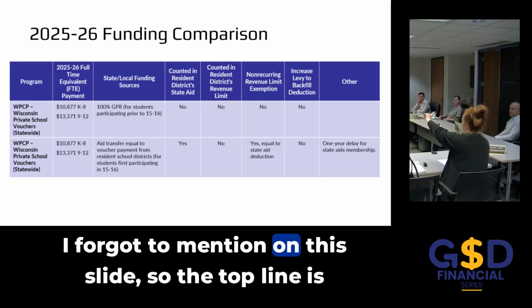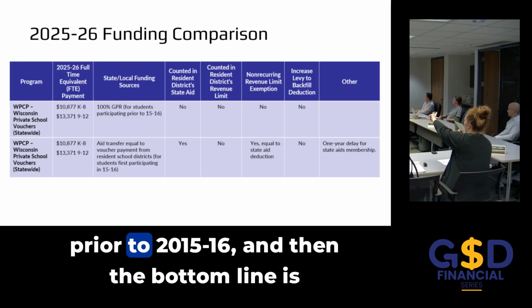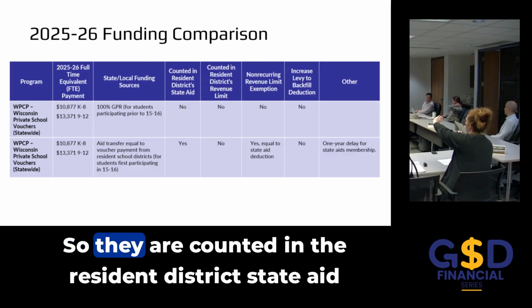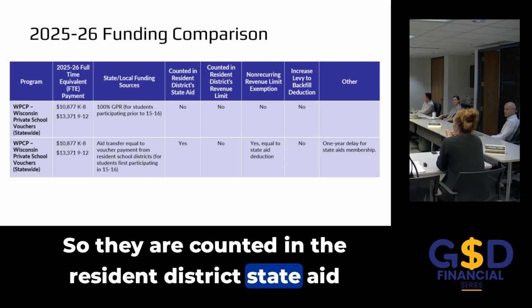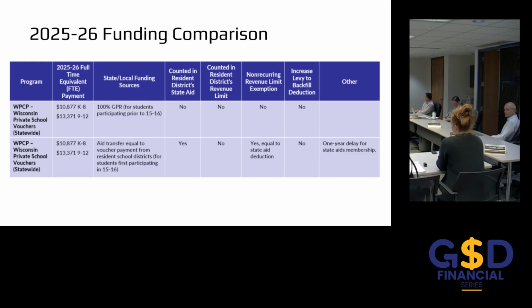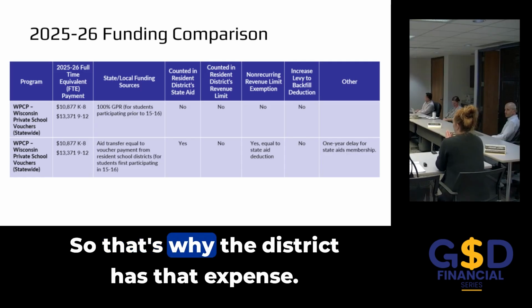I forgot to mention on this slide, the top line is prior to 2015-16, and the bottom line is right after 15-16. So they are counted in the resident district state aid calculation, but not in the revenue limit calculation. So that's why the district has that expense.